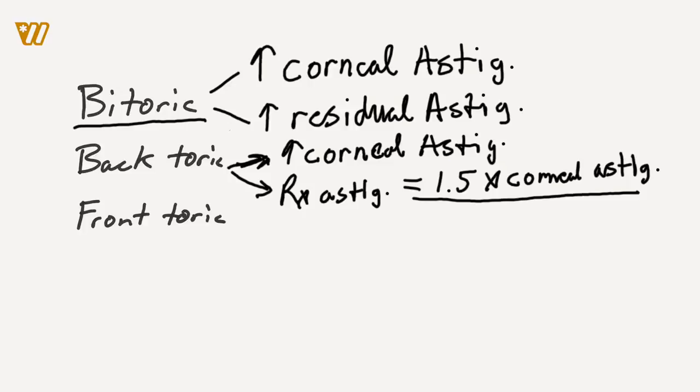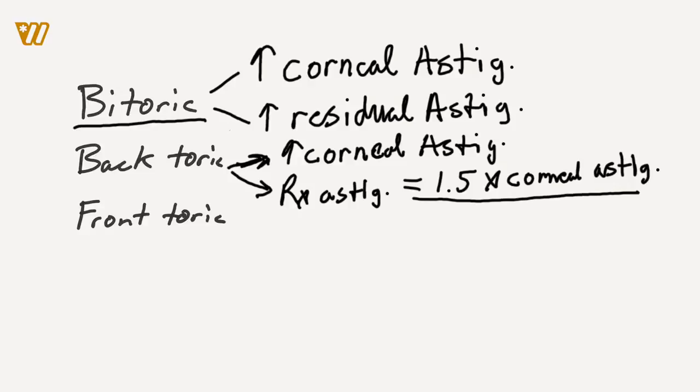But the why behind it has to go into the fact that the index value of the GP contact lens and the index value of the tears are different. An example of an index for a GP contact lens would be like 1.49, and we said the index of our tears is 1.336.